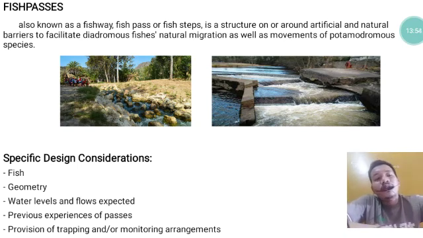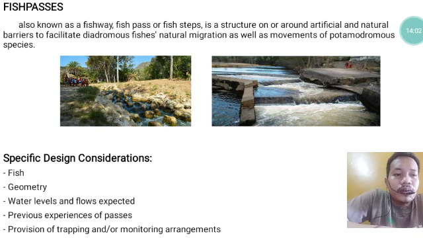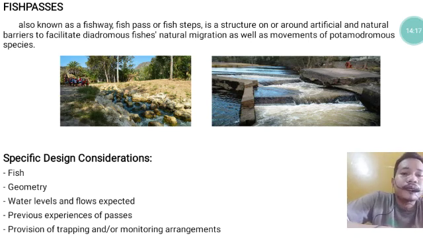So this is very important to consider because yung mga isda para makatawid pa rin sila kahit may na-build na structure sa river, makatawid pa rin sila. A specific design consideration for the structure.